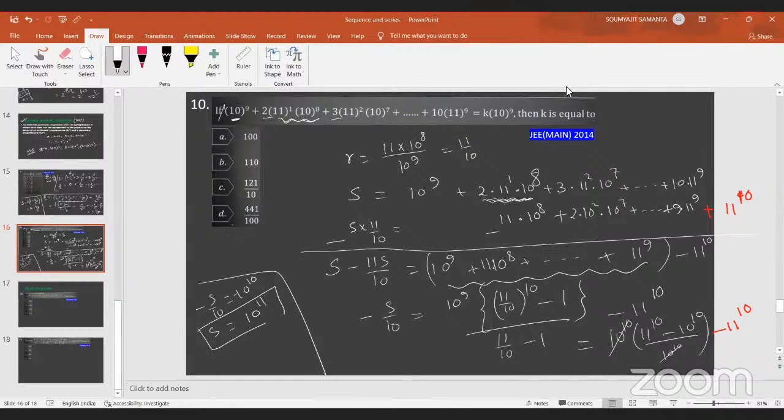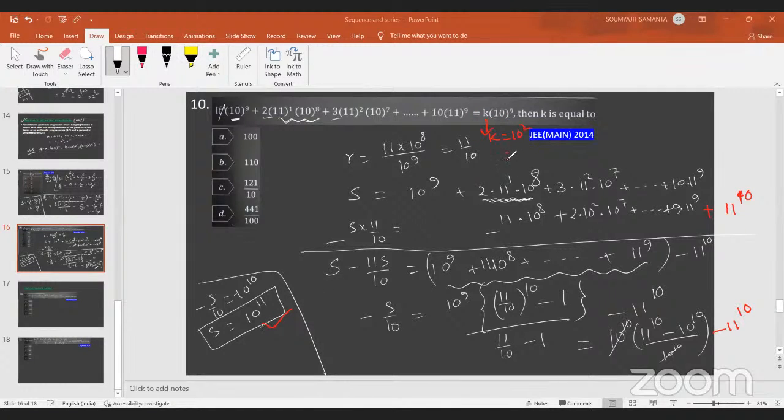Clear? But it is given as k into 10 to the power 9. So k should be 10 squared. Then only we can get this 10 power 11. Yes or no? k should be the value of 10 squared. Then only we can get the sum as 10 to the power 11.